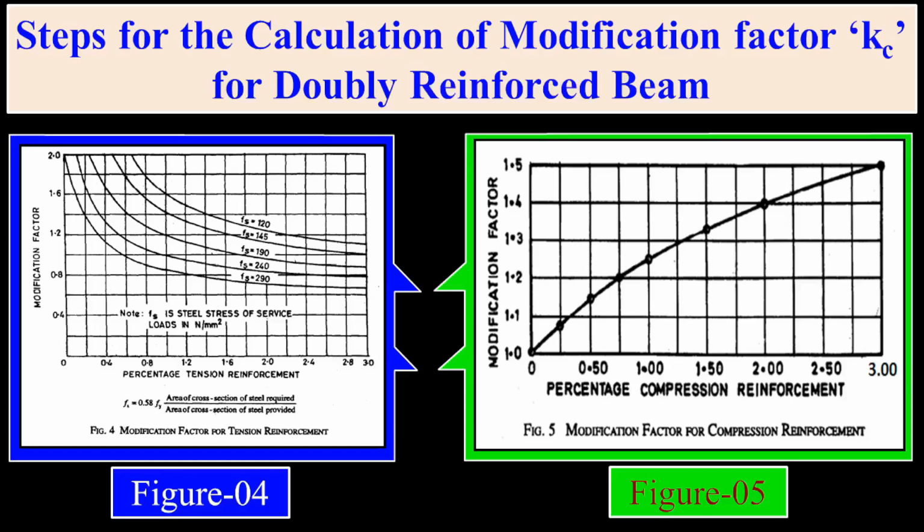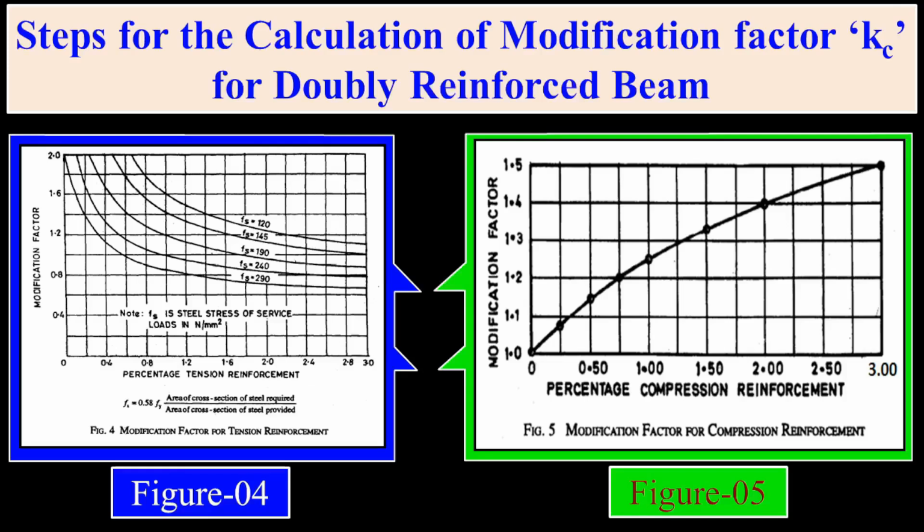On a closer look at this figure, you'll find that the range for PC is from 0 to 3%, and the range for KC is from 1.0 to 1.5. This KC is simply a multiplier, it has no unit. The nature of this graph is not a straight line, but a curve. Ultimately, we need to find the appropriate value of KC from this curve.